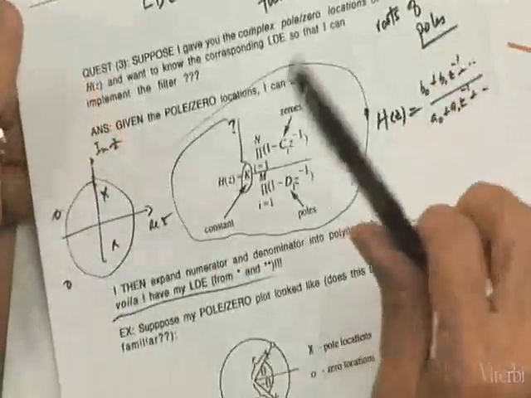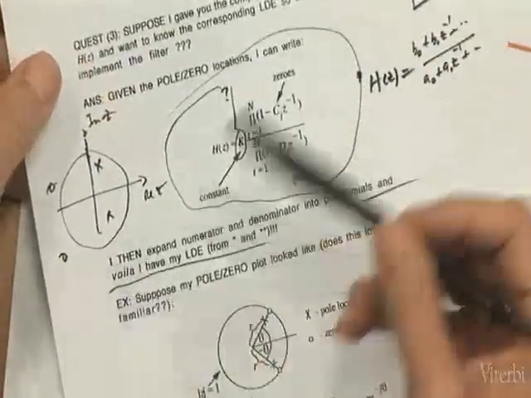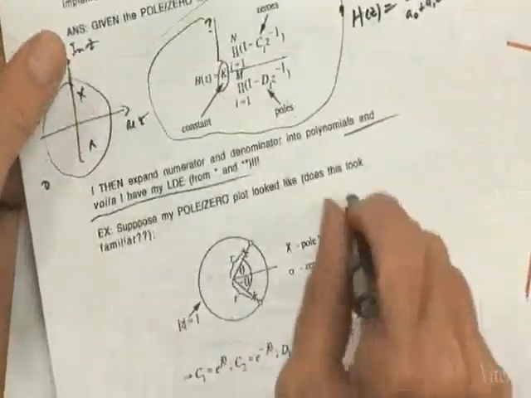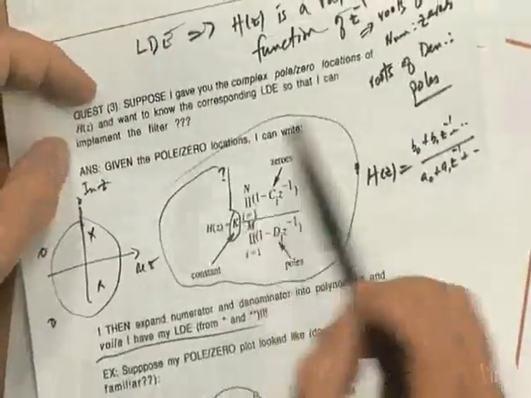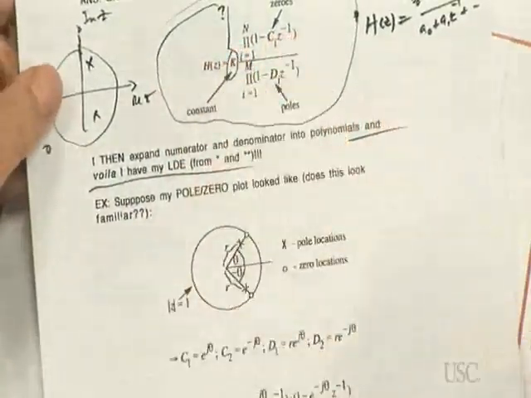So for a causal system with a linear difference equation, I could tell you what the poles and zeros are, and you could ultimately write down the difference equation. The only thing you wouldn't know is this gain, meaning that constant K, but I'll discuss added side information to determine it.